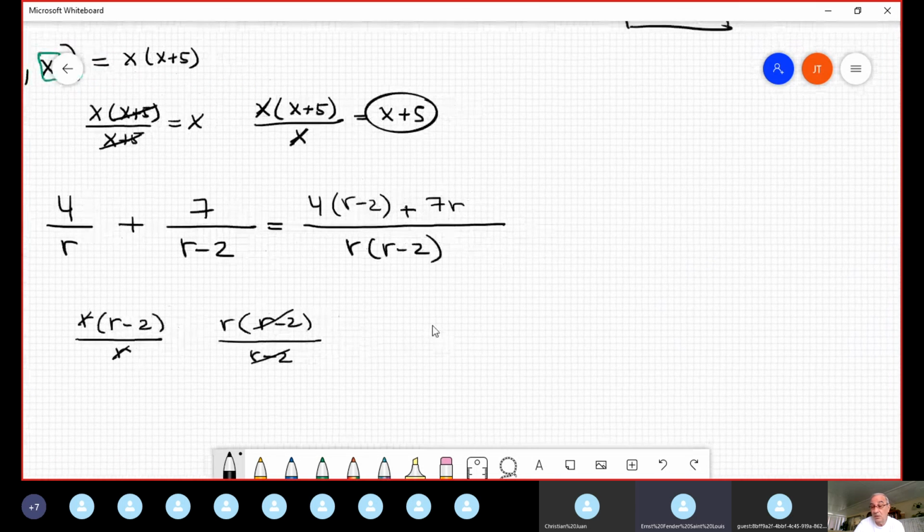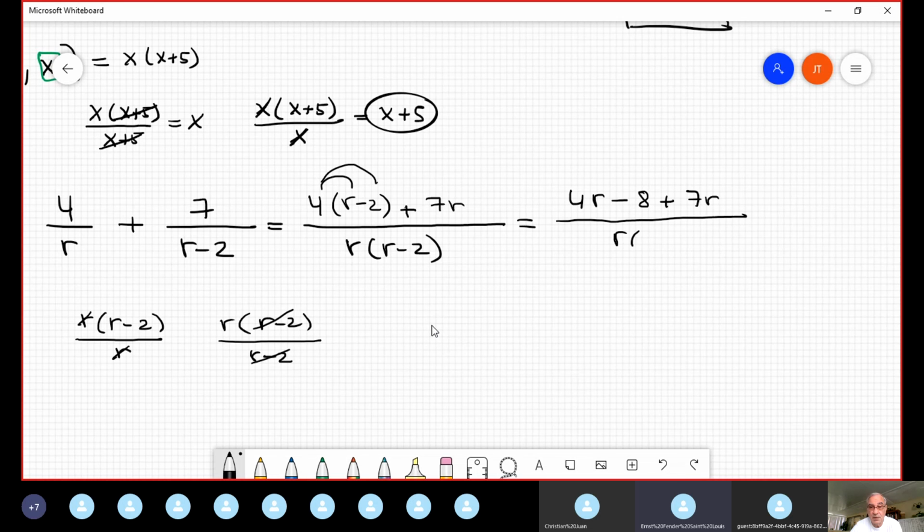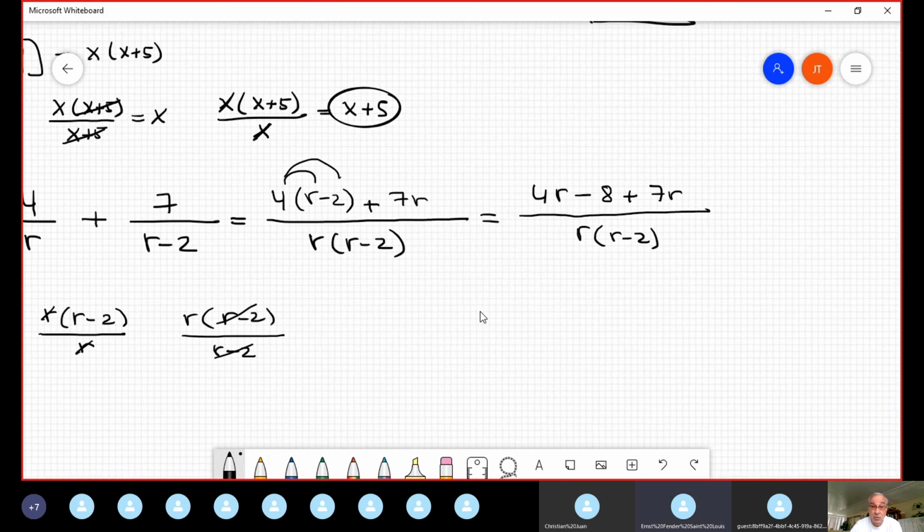No, because I need to distribute it and combine it. You distribute it here: 4 times R, 4 times minus 2 is minus 8, plus 7R. Finally, you combine like that. 4R and 7R is 11R, no?